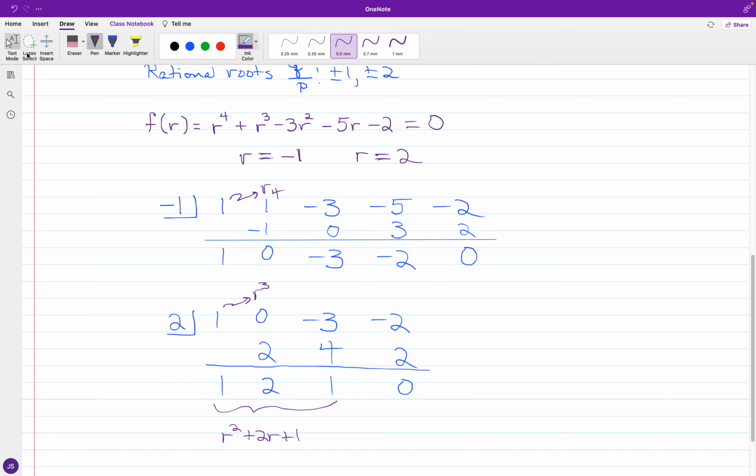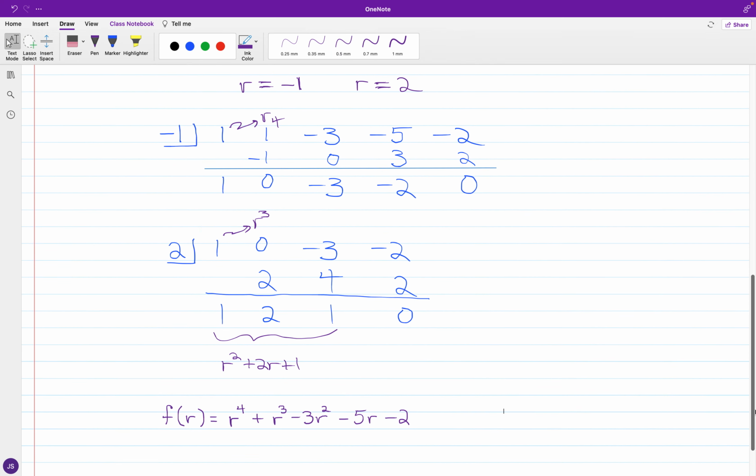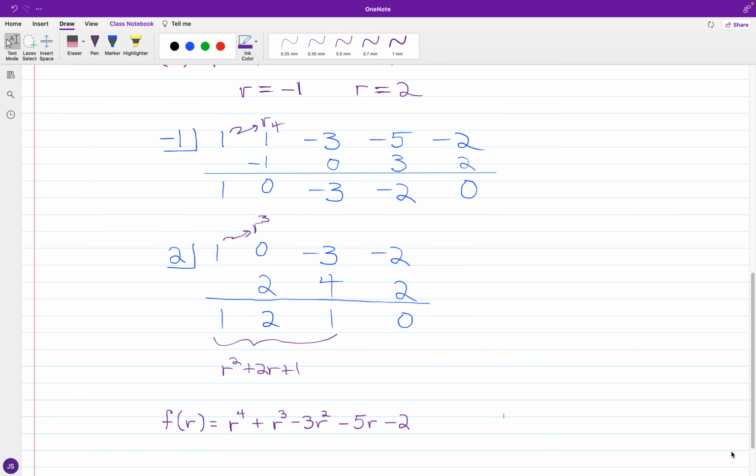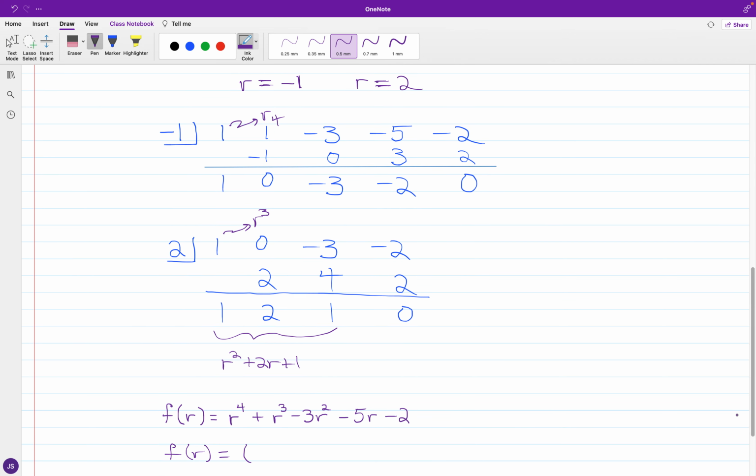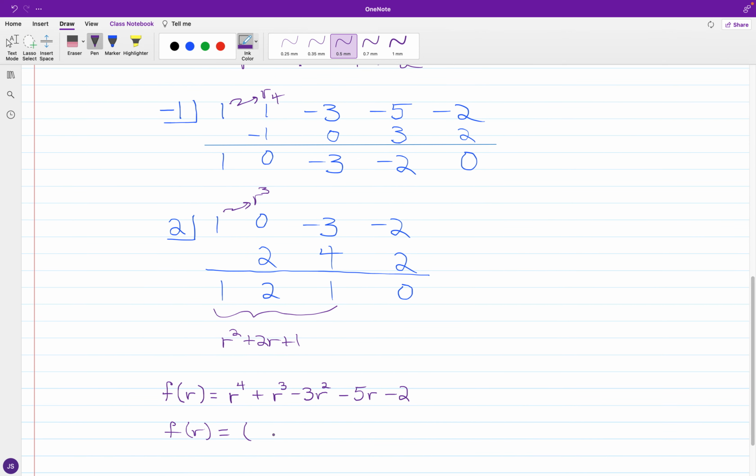So looking at what we have for f of r, you have -1 as a root, 2 is another. So from r at -1, we have the binomial r plus 1. From 2, I have r minus 2. And we have with the quotient, r squared plus 2r plus 1.